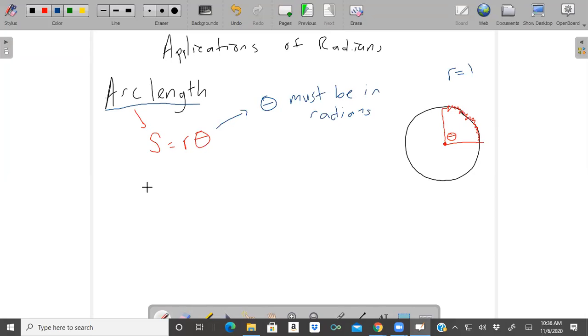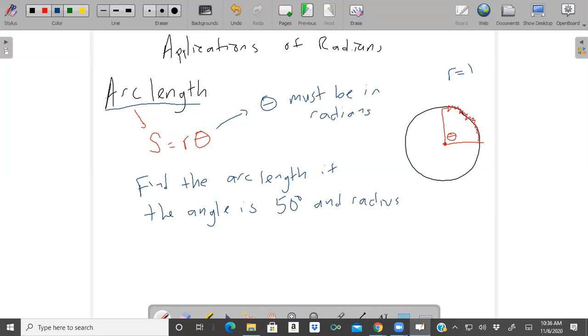Okay. So if I give you a question that says something like, find the arc length if the angle is, actually, let's not do 90, 90 is too easy, 50 degrees and the radius is 3 meters.